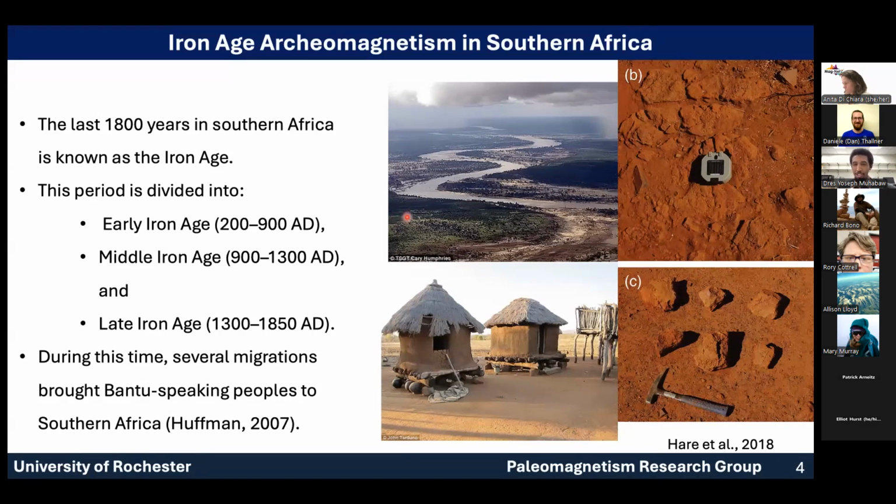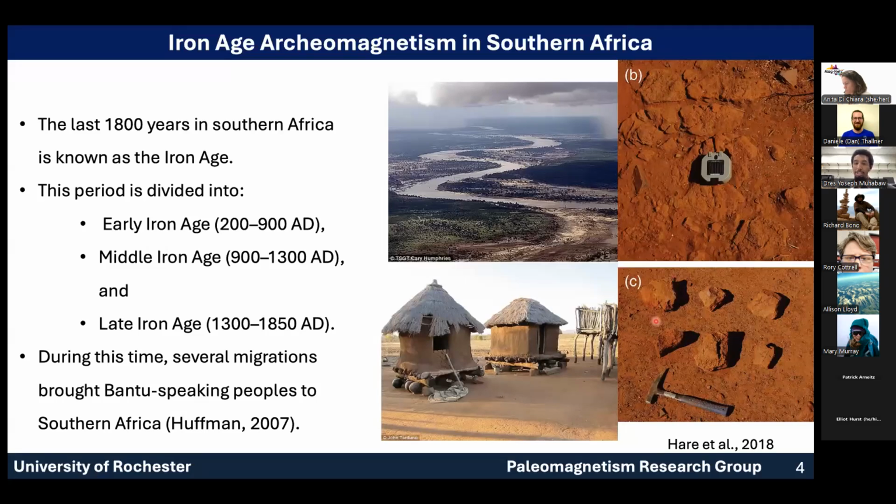They built different structures, like houses for living, grain bins for storing their crops, and corral enclosures for cattle keeping. When droughts or famines came, they burned these structures, and they left these floors, which contain clay materials, from which we extract oriented samples.